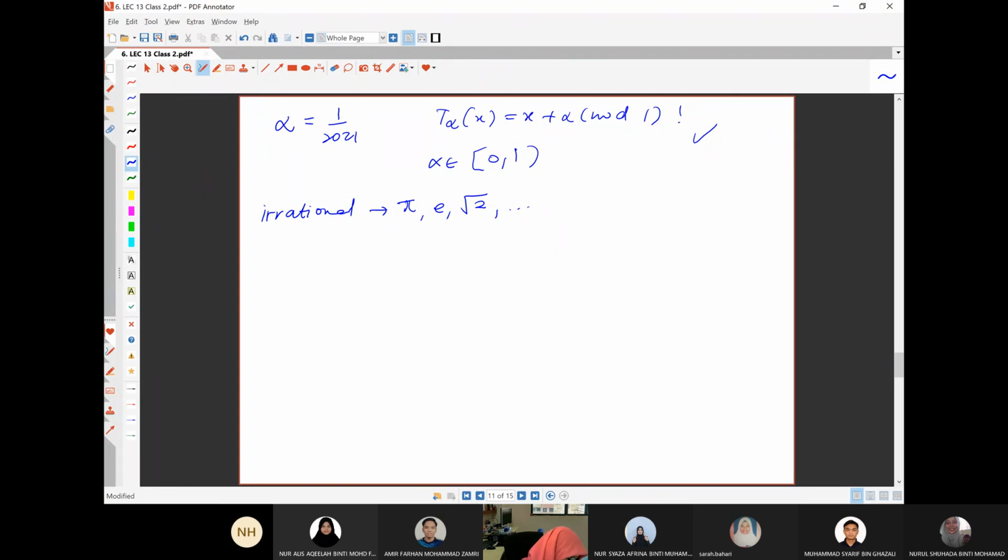What about a rational number? It can be written as a fraction.